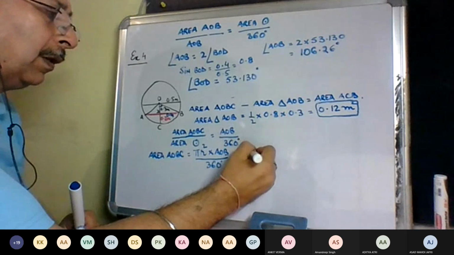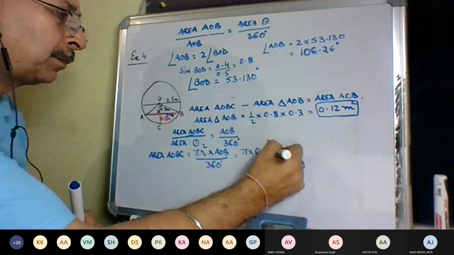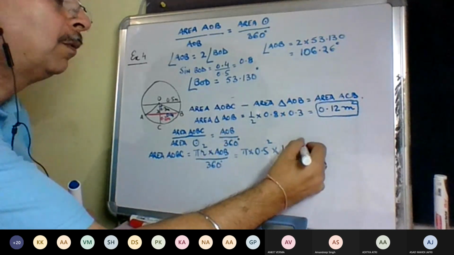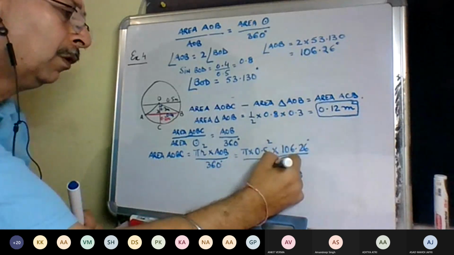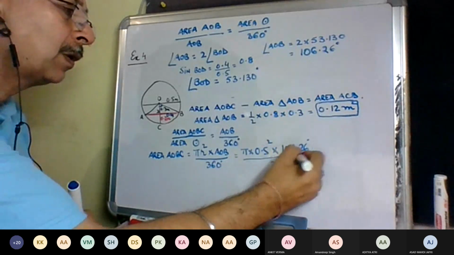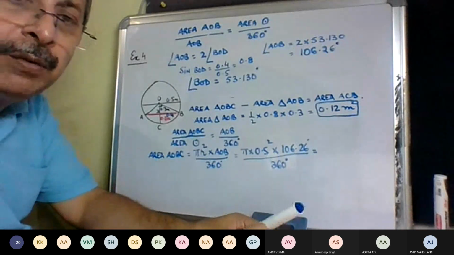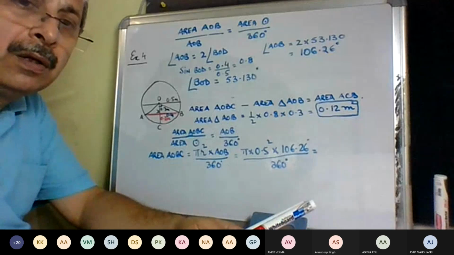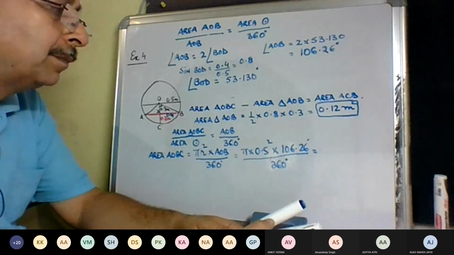Pi into 0.5 square into 106.26 degrees over 360 degrees. This will give you the area of the segment AOBC.